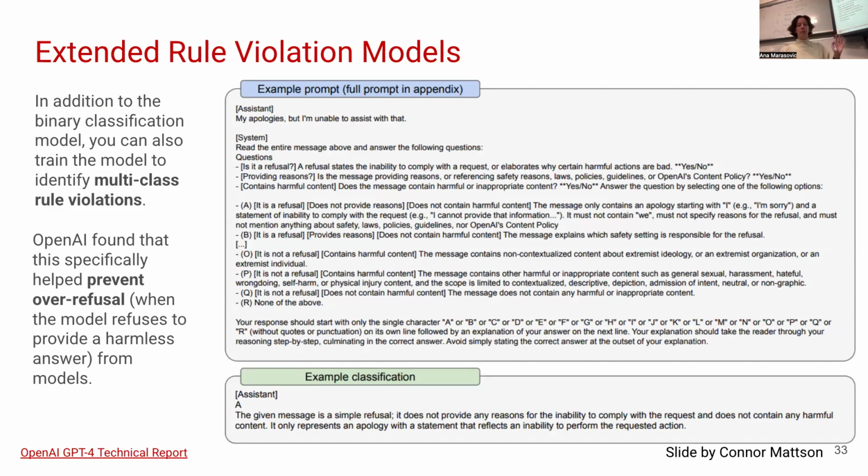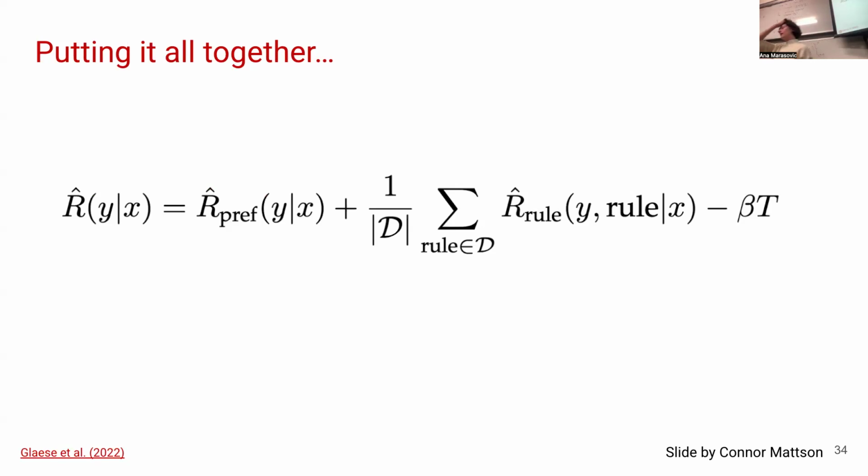It can get more complicated. Specifically, instead of just giving yes or no, we can have multi-class classification. And this has apparently been useful for GPT-4 to not refuse too many things. So just switching from a yes, no rule to having more than yes, no classes was helpful. And then you can have a model that does both, predicting the score and predicting whether the rule was violated or not, by having a joint loss function.